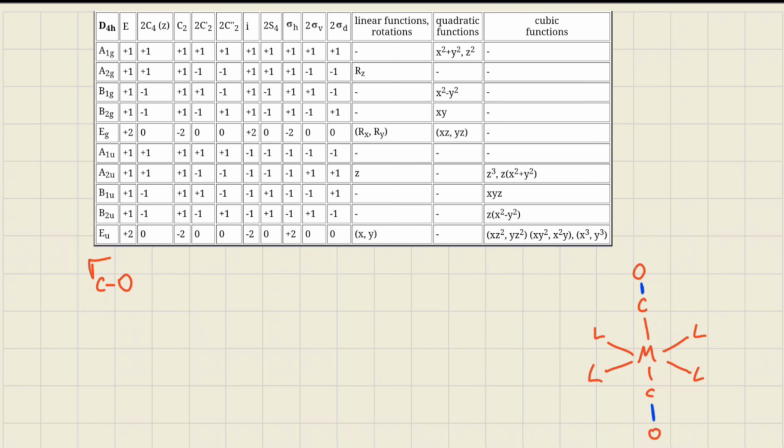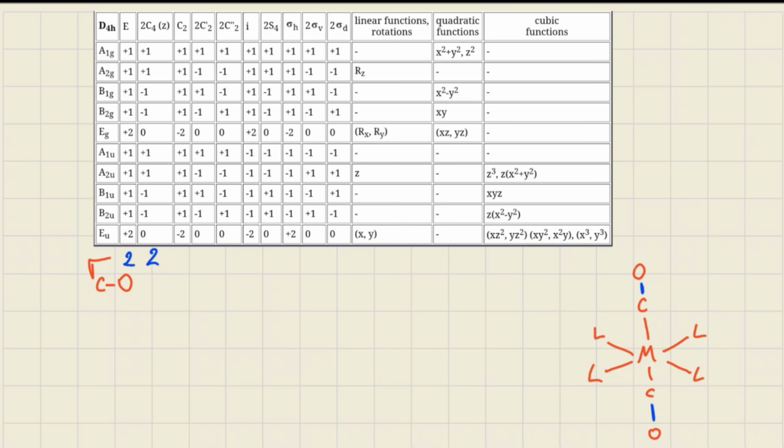So we have the E element, which means do nothing. So two bonds will stay in the same position. So we didn't do anything. Then apply C4. C4 is from here. It means that bonds will stay in the same positions. So we have two unchanged bonds.